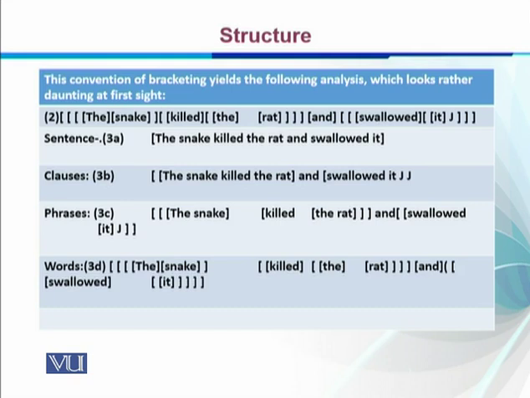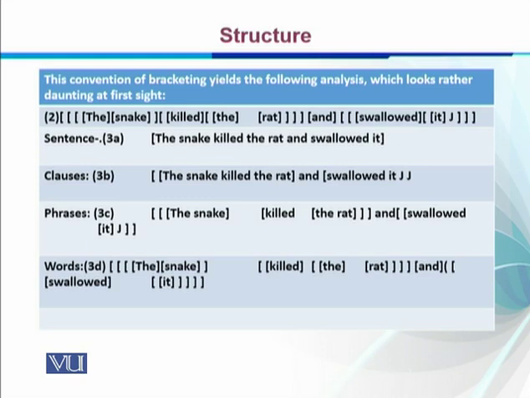So you can see that in 3a, the snake killed the rat and swallowed it, the bracket is around the whole sentence. Then we segregated the clauses: the snake killed the rat, swallowed it. So you can see that now we have two brackets. So the snake, this is the third analysis. So you can see that there we have three brackets, right?